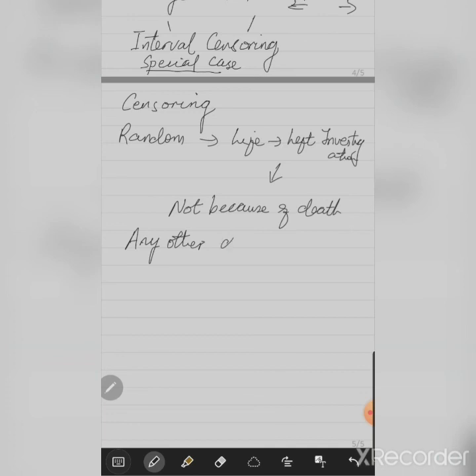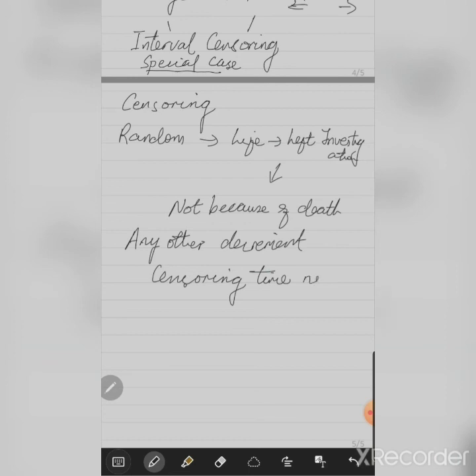It means the decrement of that particular life is not because of the risk that we are trying to investigate, but because of something else. And we also don't know the censoring time, when that particular life is going to leave the investigation.